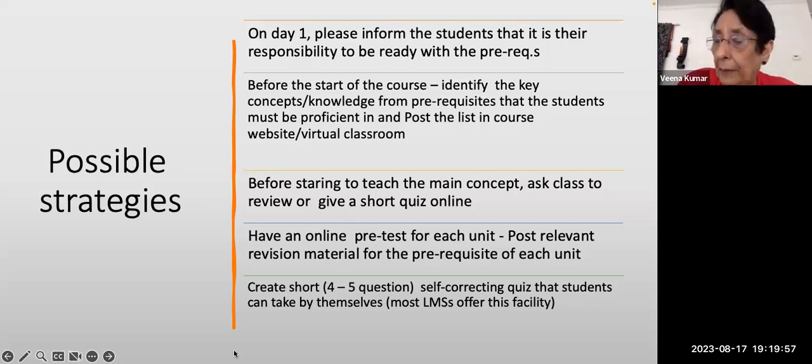So for the people who spend 20-30 minutes before the start of a unit, I would ask the students to take the pre-test and base my 20-30 minutes on the pre-test results, knowing what people have not understood or where they need to do something. Again, I do not want to spend my class time on teaching prerequisites. I want to guide them how they can upgrade themselves or update themselves on that.